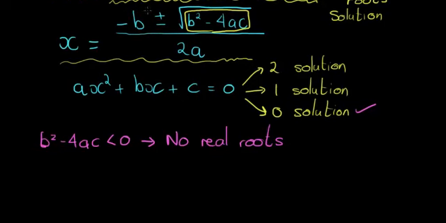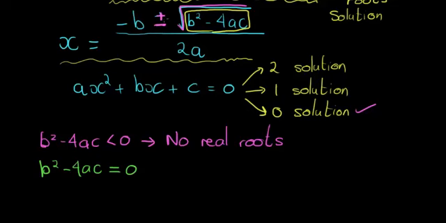Next up, you notice that this is the value that causes my solution to have two answers. And the reason why is because I'm adding it for the one and I'm subtracting it for the other one. So if I find that the square root of whatever is inside is equal to 0, in other words, if b² - 4ac = 0, then the square root of that will be equal to 0.